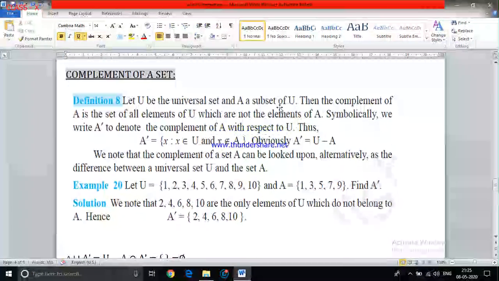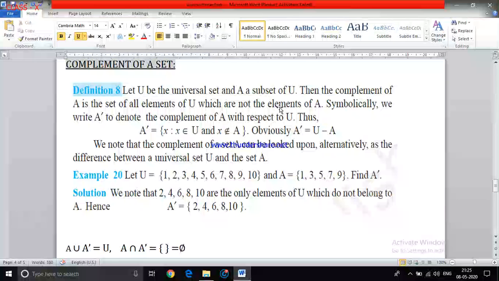So this is the complement definition. A complement is x such that x is an element of U and x does not belong to A. Now you can say A complement is U minus A. Why am I saying A complement is U minus A?